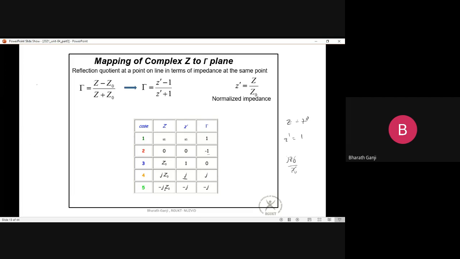If you take a load impedance which is minus j z naught, its normalized impedance is simply minus j, and the reflection coefficient will also end up equal to minus j.